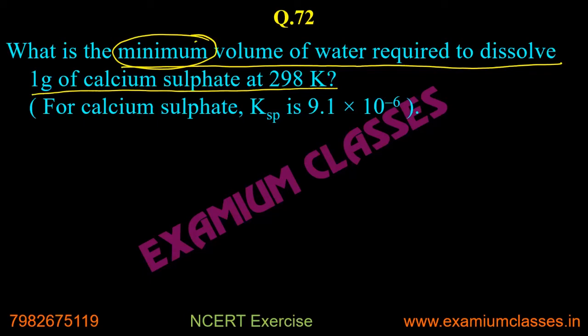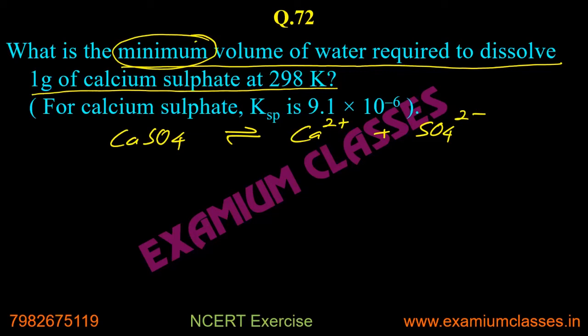How do you attack this problem? Write the reaction. Calcium sulfate gets dissociated into its ions like this. And for this KSP is given.